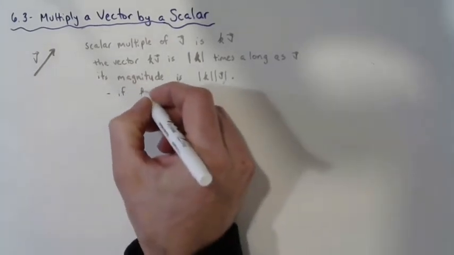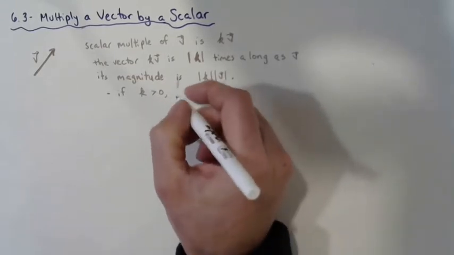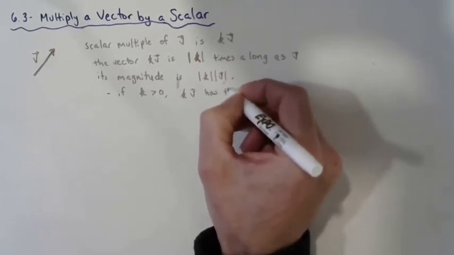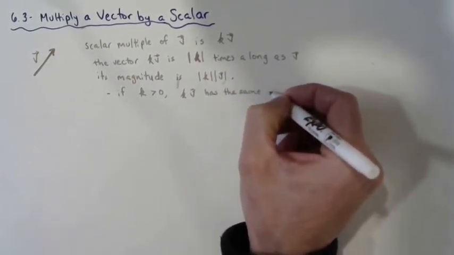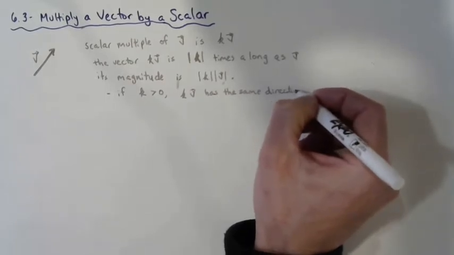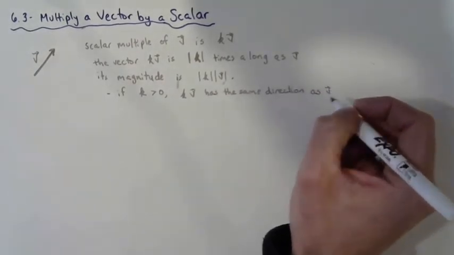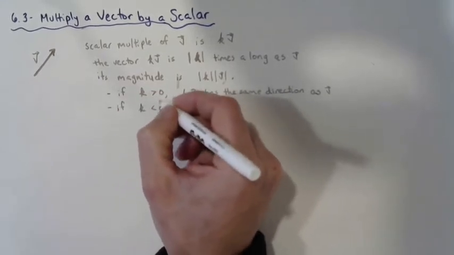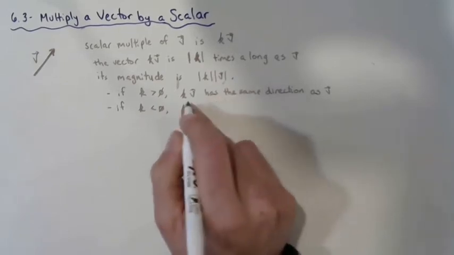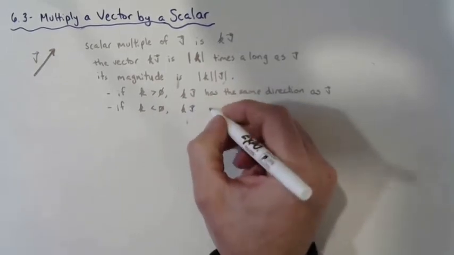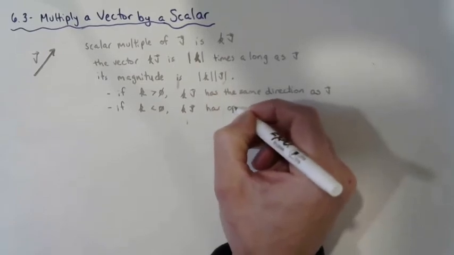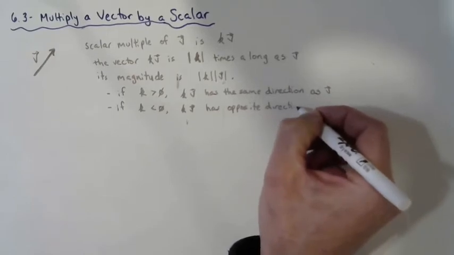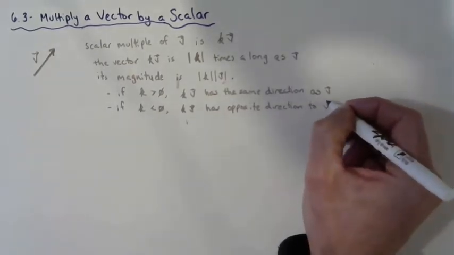So if k is greater than 0, then kv has the same direction as vector v. If k is less than 0, then kv has opposite direction to vector v.